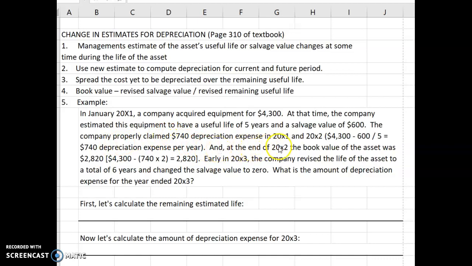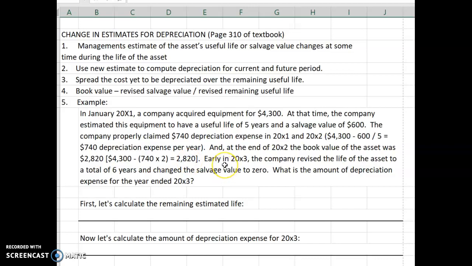And at the end of 20X2, the book value of the asset was $2,820, calculated as cost minus accumulated depreciation of $740 for 2 years equals $2,820 book value.